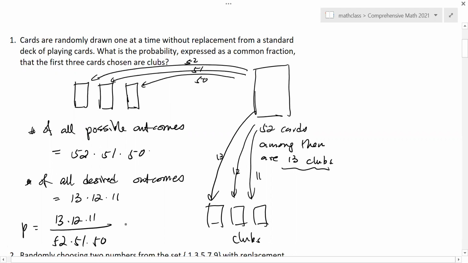You should factor it, and like a 13 will be cancelled out. 52 is divisible by 13, I think. Yeah, 4 times 13 is going to be 52. So after you simplify it, only 11 is left on the top, and the denominator is 850. So that is the answer.